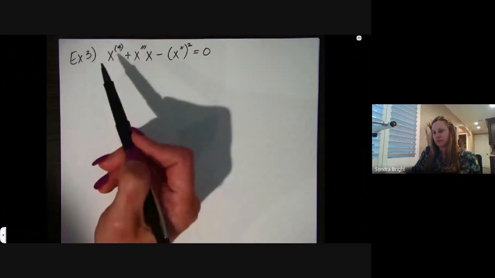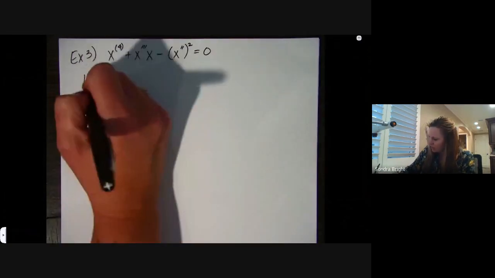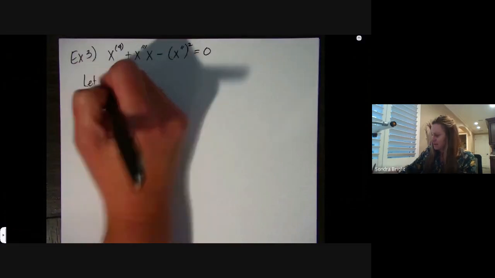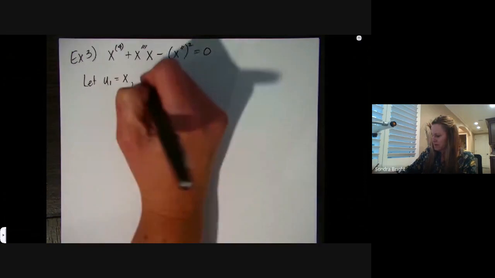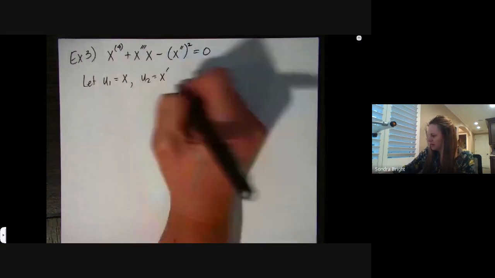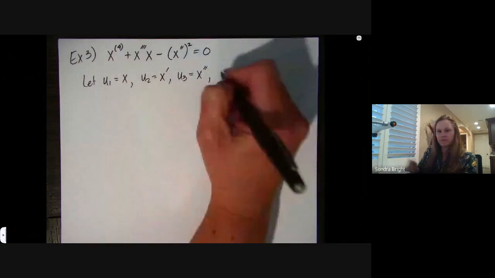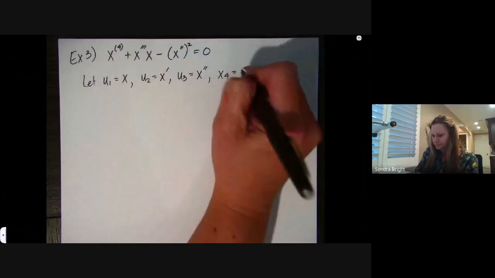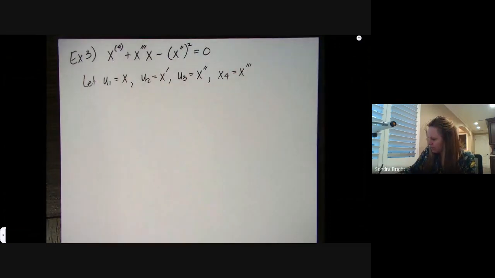So I'm going to let u1 equal just x. I'm going to let u2 equal first derivative on x. I'm going to let u3 equal the second derivative on x. And I'm going to let u4 equal the third derivative on x. And then we'll solve this equation for the highest degree.